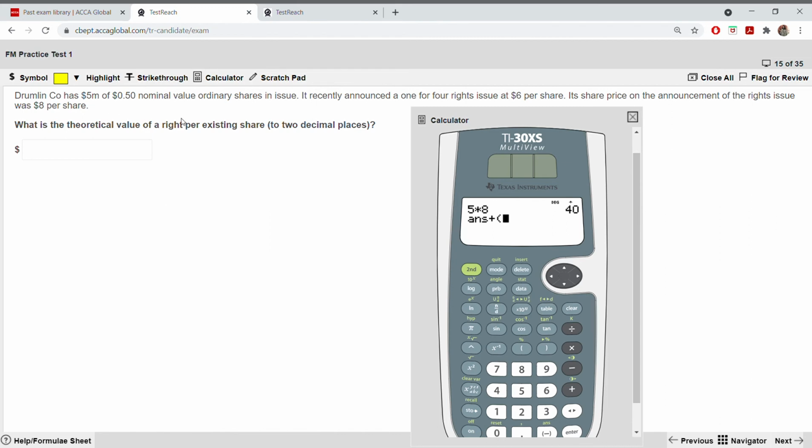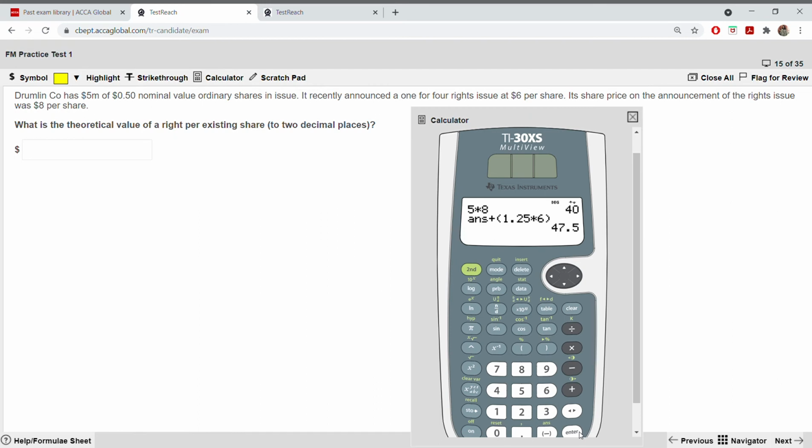Why 1.25? Because it is 5 divided by 4, as it's a 1 for 4 rights issue. So you have 5, and 5 divided by 4 is 1.25. Into 6. Close the bracket. Press enter.